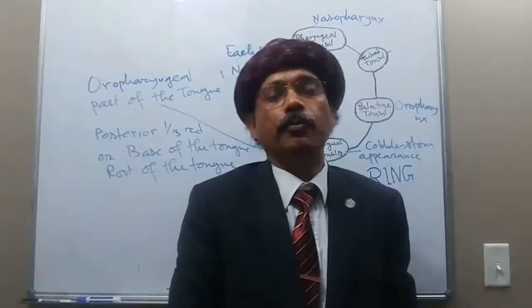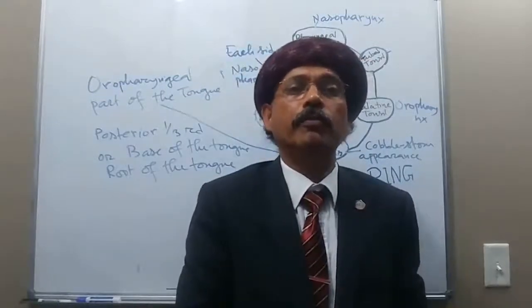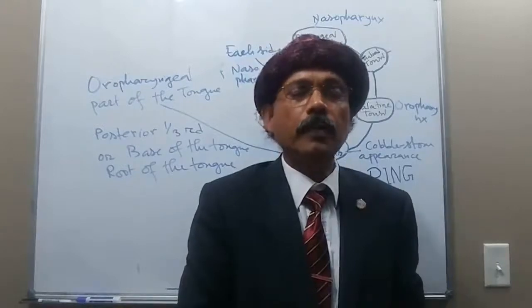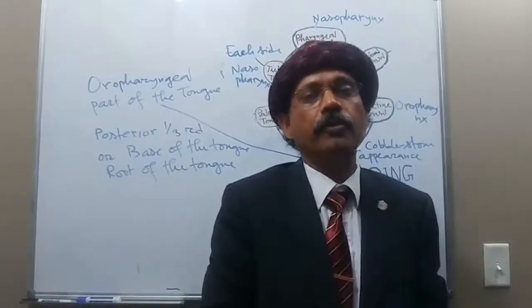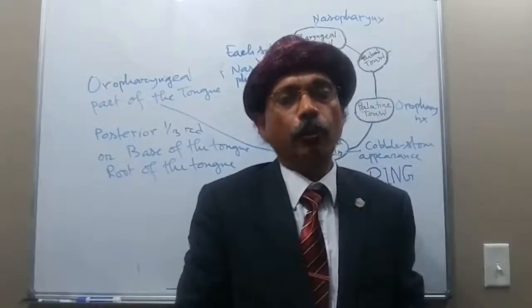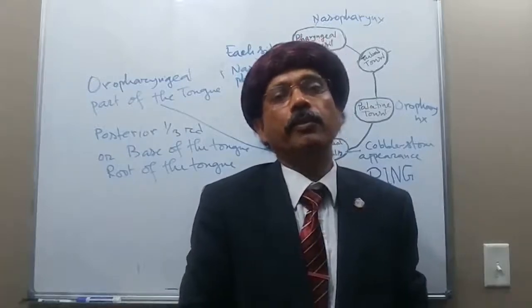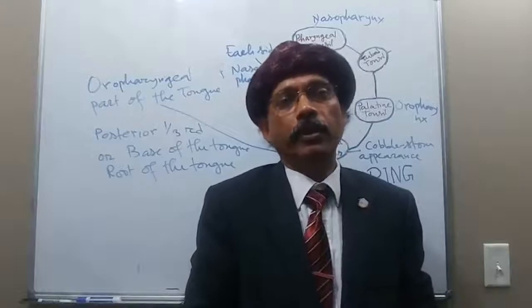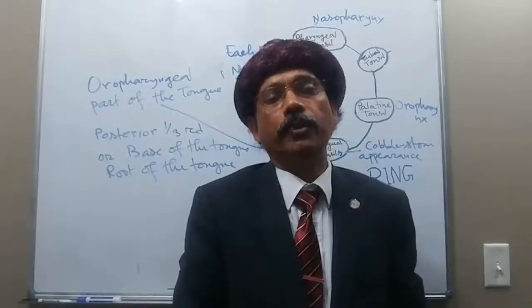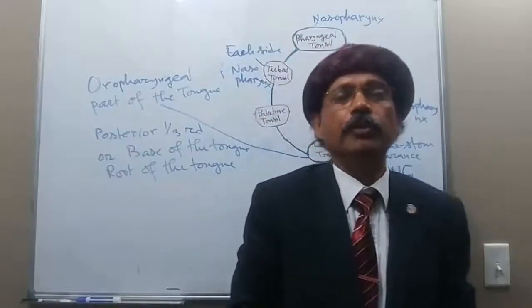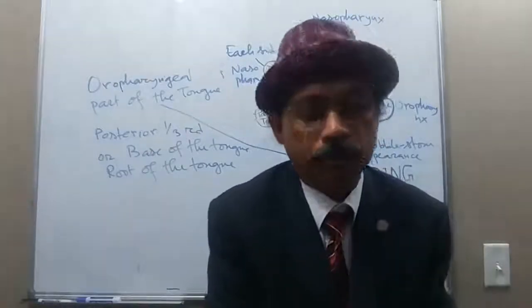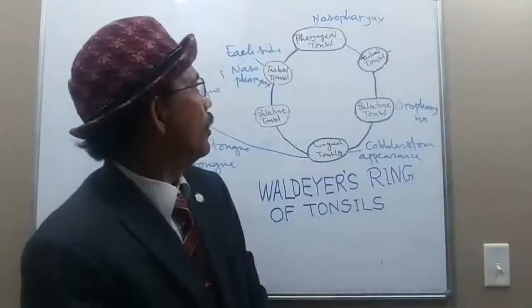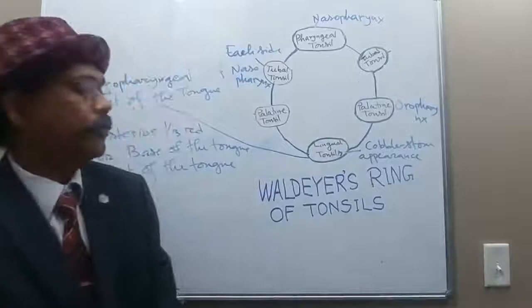The respiratory system, genitourinary system, and gastrointestinal system are open to the environment, so at the entry points we get lymphoid tissue to prevent microbial invasion. So that's all about the Waldeyer's ring of tonsils.